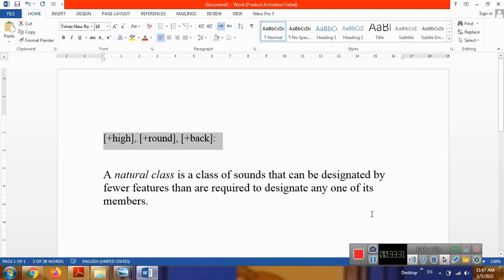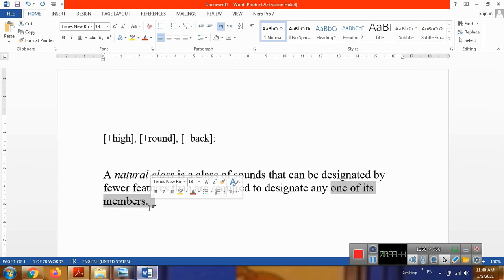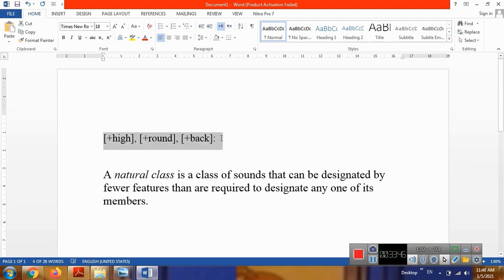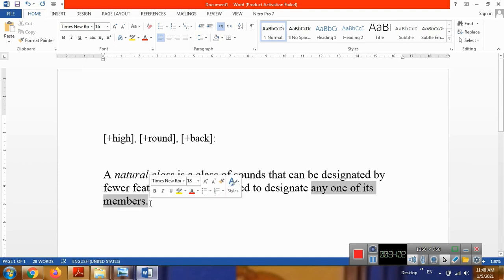When we want to describe one of those 8 vowels, when we want to introduce just one of those 8 vowels, we should mention these 3 features.